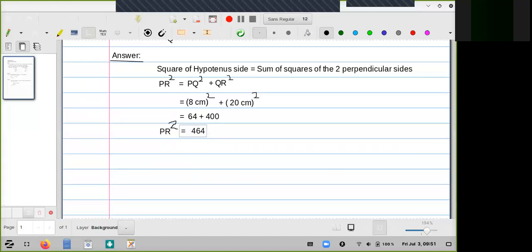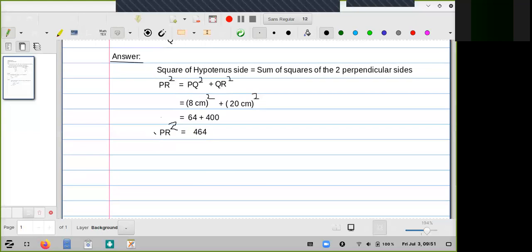So I'm going to get rid of the square by putting square root on both sides. So the square root of PR squared is equals to the square root of 464. So whenever I'm putting a square root on a value or on a number, we are always coming up with two answers.